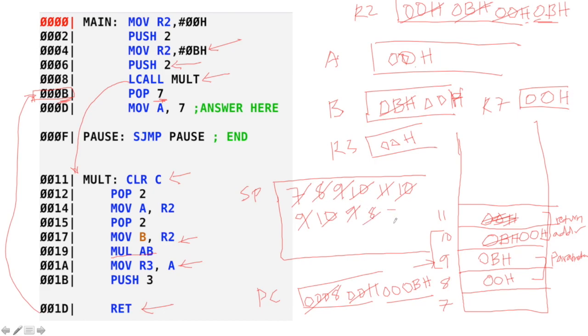Stack pointer now goes back to being at 7, and we move 00 into accumulator. So this becomes the final answer, which is 00 in H. And then we come to this instruction, which essentially puts the microprocessor in an infinite loop.